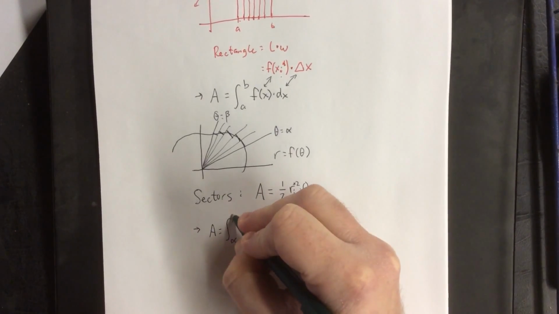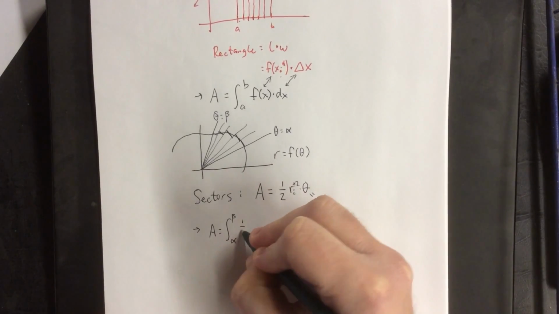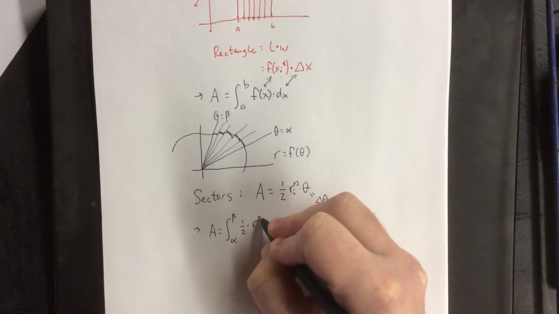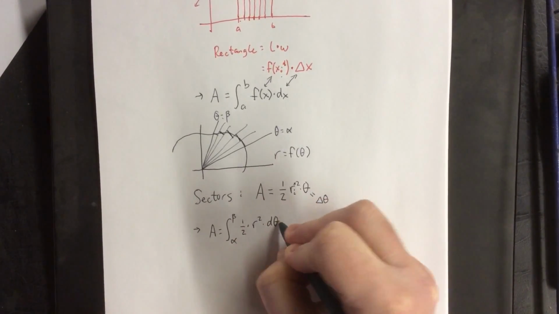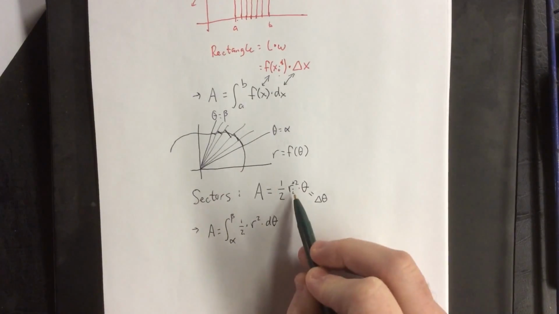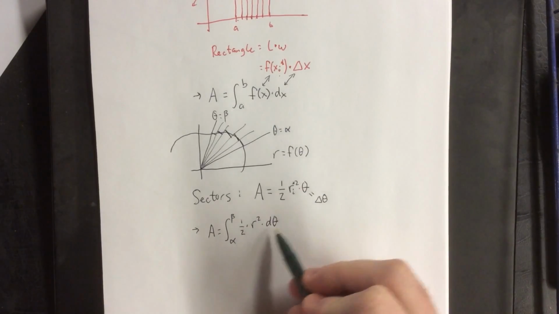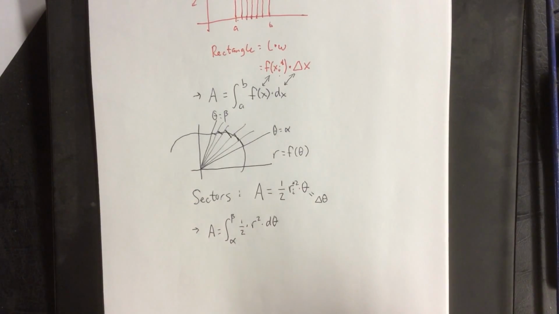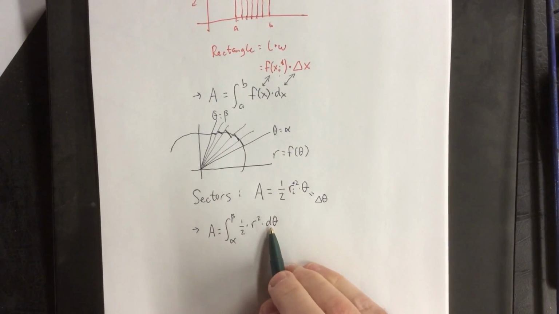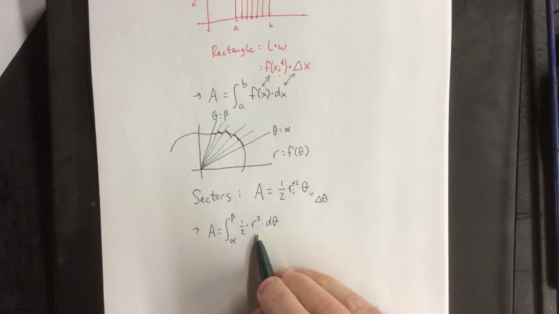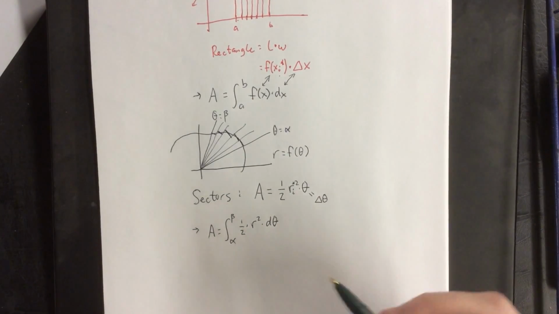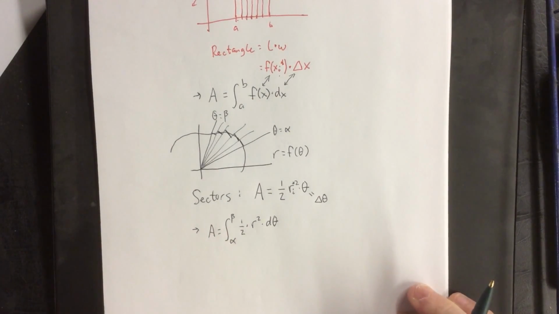It'll be the definite integral from alpha to beta of 1/2 times r squared times d theta, where again, the 1/2 r squared is essentially the same, and the delta theta becomes a d theta. Additionally, because the integral is set up d theta, you'll need to make a substitution on your r squared to figure out exactly what is going on with that.